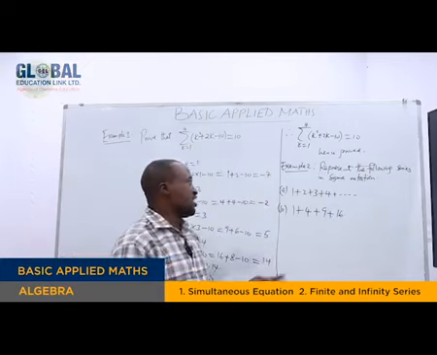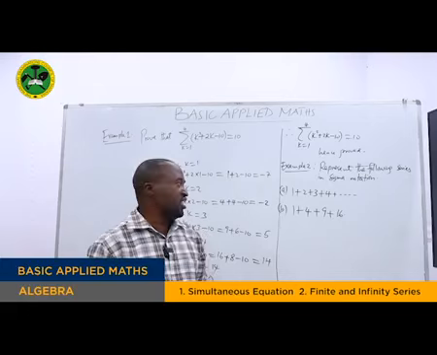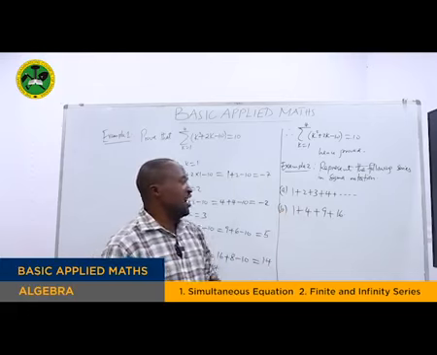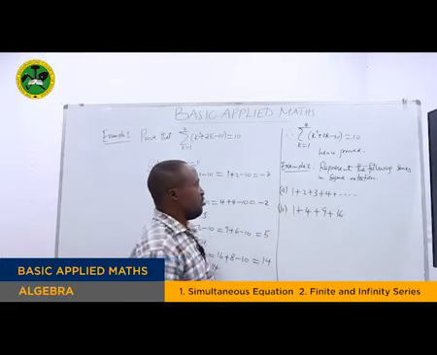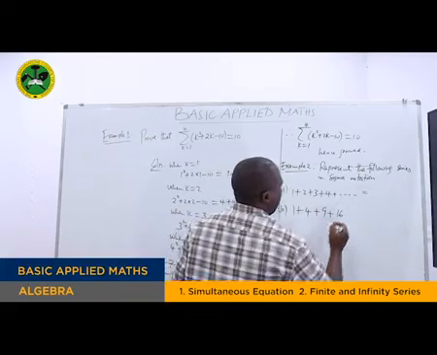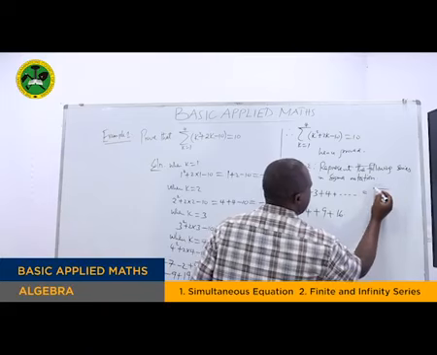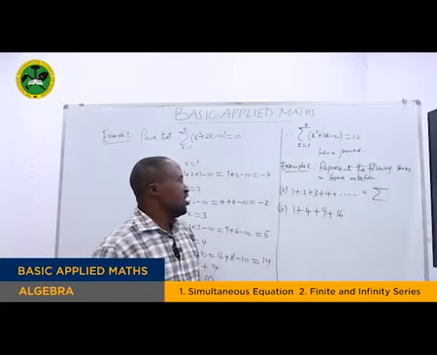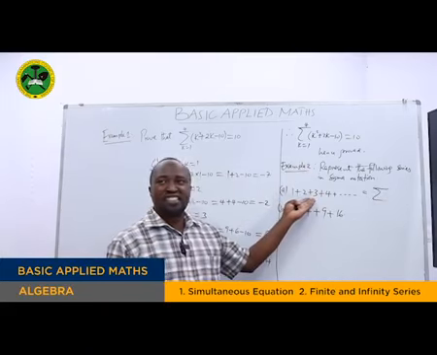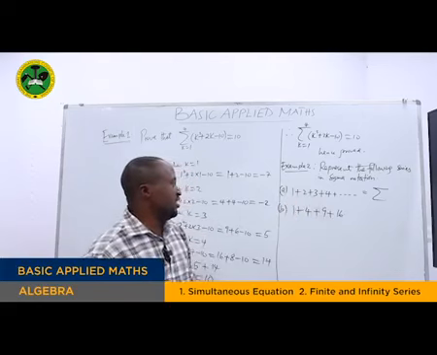Now, my dear students, let us see how we can use the sigma notation to represent the given series. So for the first case, we start with the sigma notation. Our sigma notation is written like this. So remember, this series has no end point.